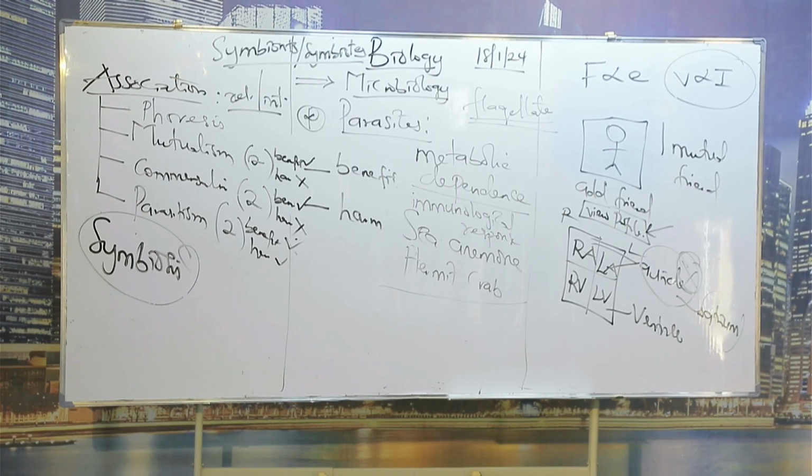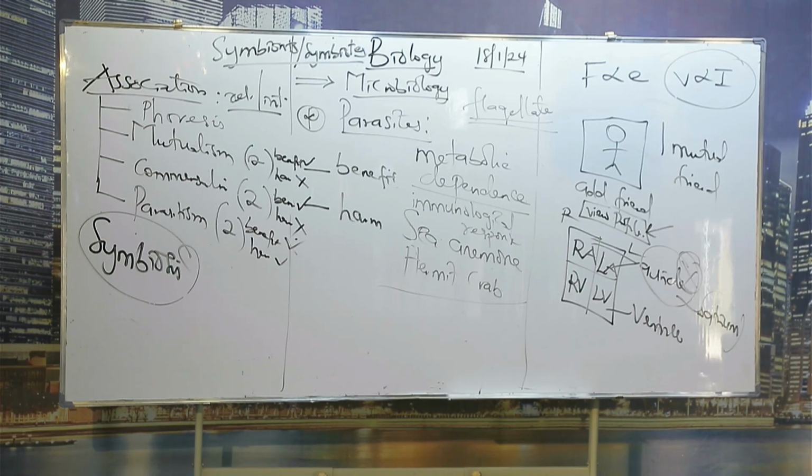Underline that immunological response, please. That's the major thing that differentiates parasites from other organisms. As I told us, mutualism and commensalism both have metabolic dependence. Did I say it? Yes. But the problem with parasites is that they stimulate your immune system, and your body begins to release what we call antibodies.